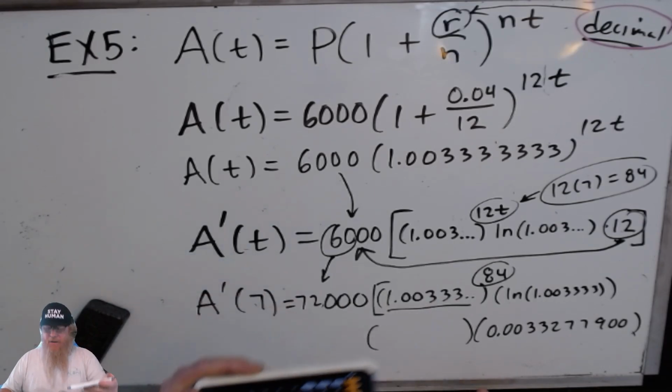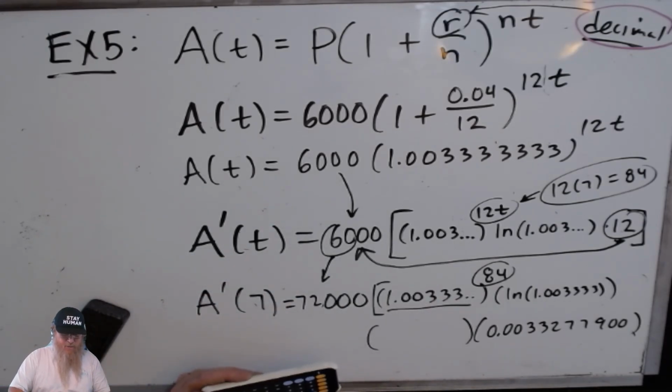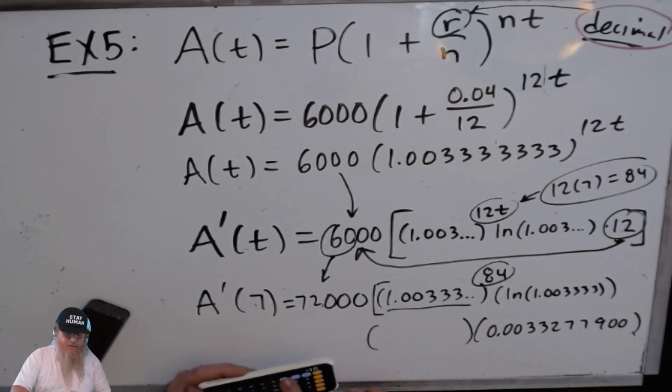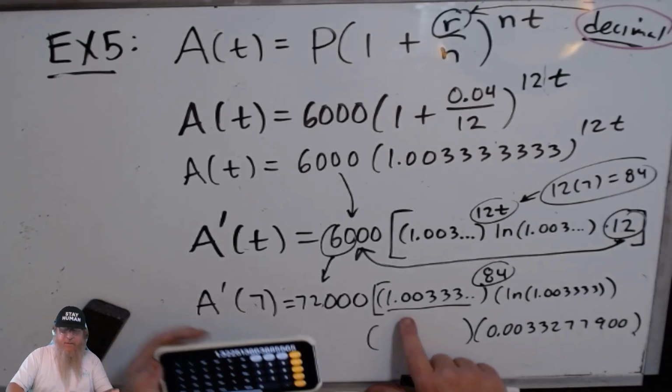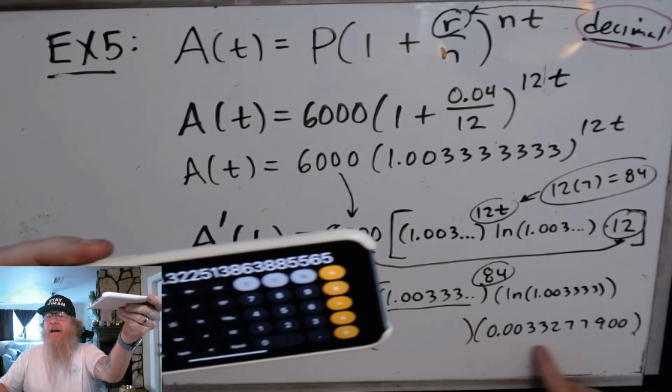And I got an error, so I have to start over. So I got 1.03333333. Oh, not enough zeros. 1.0033333333 to the 84th power. And then I'm glad I wrote that down.